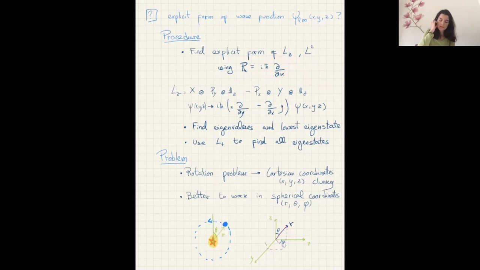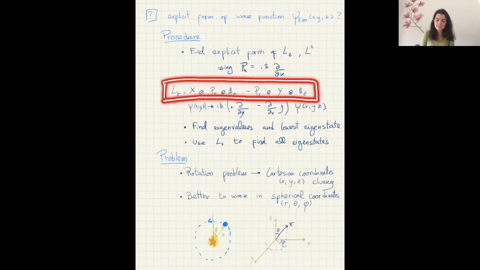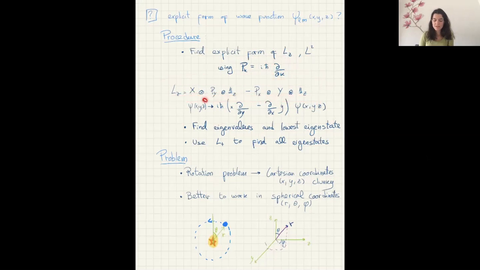Therefore, we can write Lz: it maps the wave function to i h bar times x derivative with respect to y minus y derivative with respect to x.